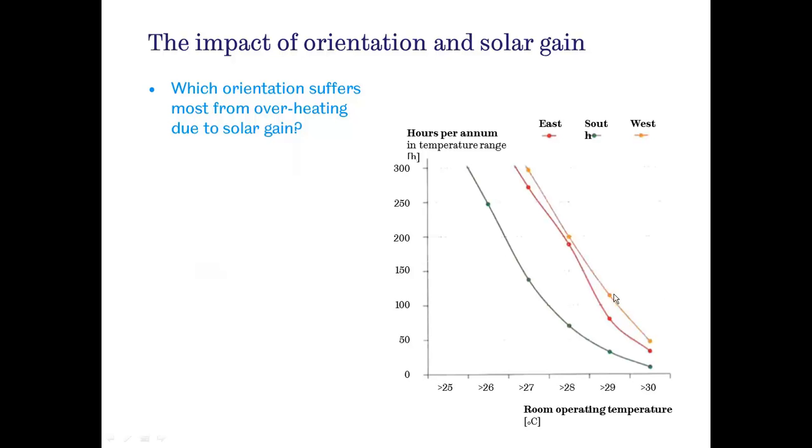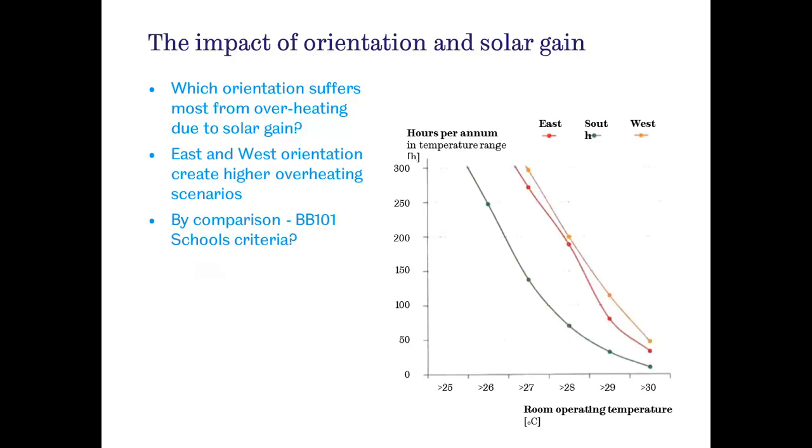The problem facades are the east and the west, because that sun angle is much lower. And it's very difficult to block out that solar gain from a low sun angle. So the east and the west orientation create the higher overheating scenarios.